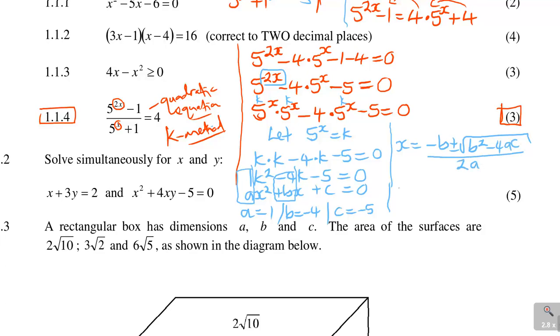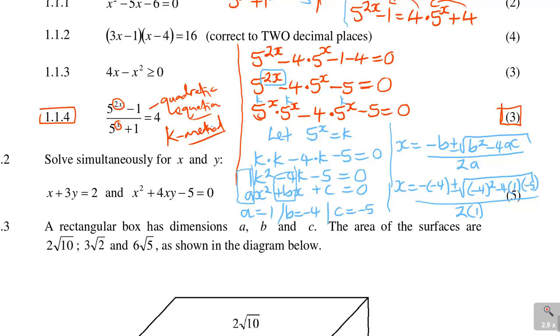I'm using it because it allows me not to think a lot at the moment. I'm not thinking much, I'm just automatic, the calculator is doing most of the job. So b is minus 4, so minus minus 4 plus or minus the square root of minus 4 squared minus 4 times a, my a is 1, my c is negative 5, all over 2a. My a is 1.